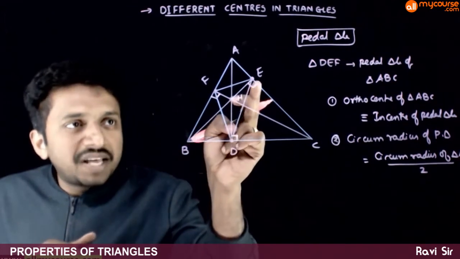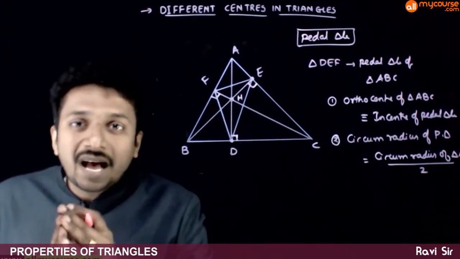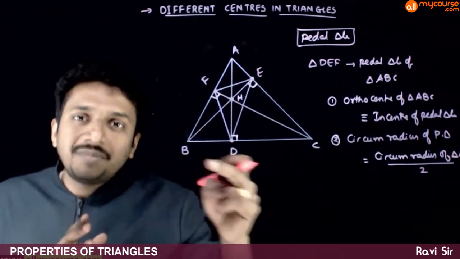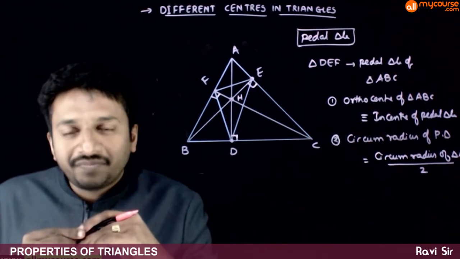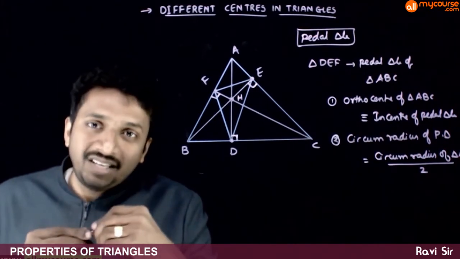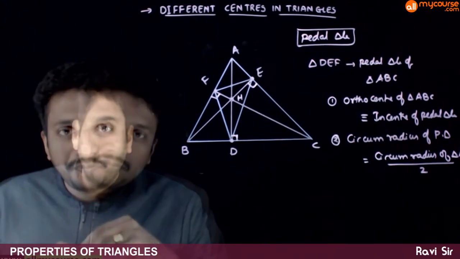That is, the circumradius of the pedal triangle will be exactly half of the circumradius of the original triangle. So these are the two things that you need to understand. So how do I get these two properties? This is what we're going to deal with in this video.